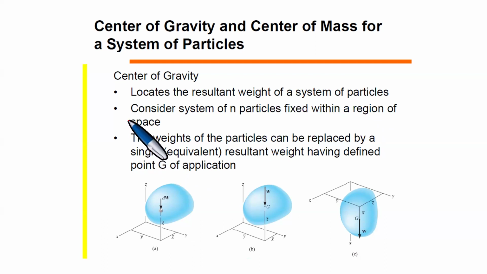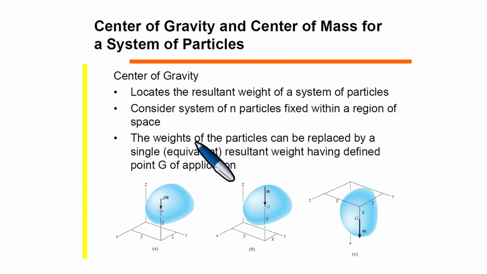Number two: if we speak about the center of gravity, we need to consider a system of n particles fixed within a region of space. So we take a sample of n particles, which are part of an entire region or an entire object, and we consider this system of n particles fixed within a region of space.